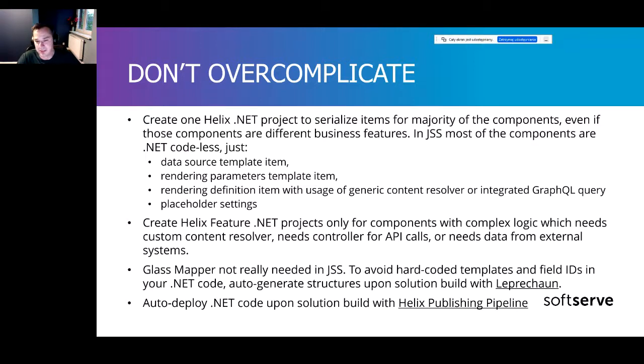You will find that most of your projects are just serialized items and maybe some config file. So it really doesn't make sense to create a .NET project for that.